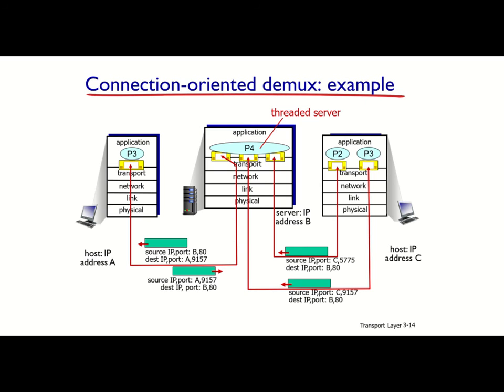Each one runs or controls one socket. So instead of having 3 processes running connected to 3 different sockets, we have 3 threads inside one process, which is P4, that each of those 3 threads run one of these or are connected to one of these 3 sockets.